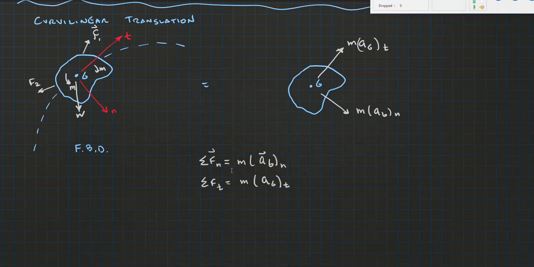So we would now have, instead of x and y, summation of forces normal and summation of forces tangent equals the appropriate inertial terms.